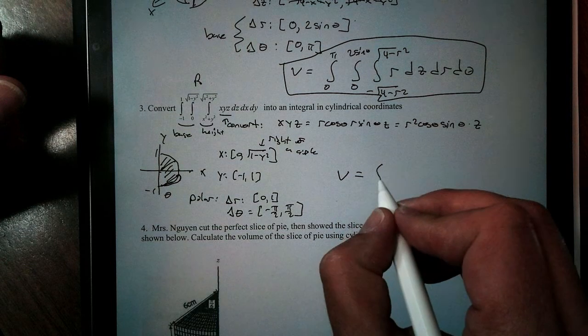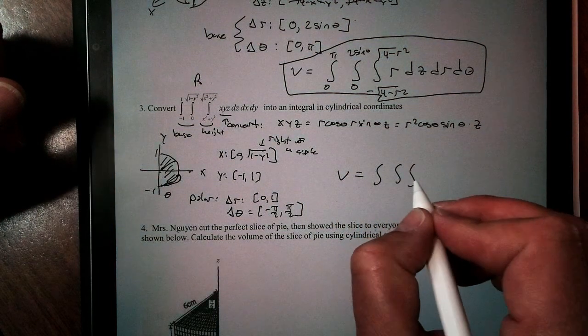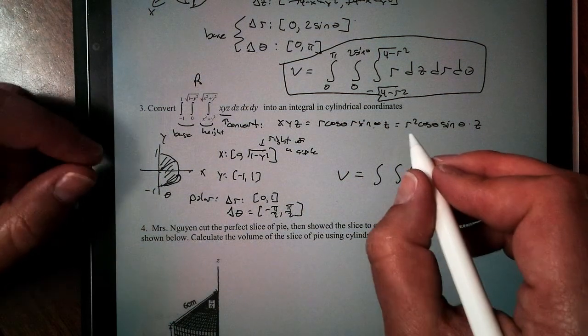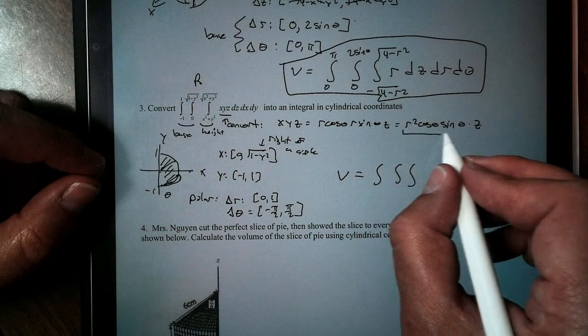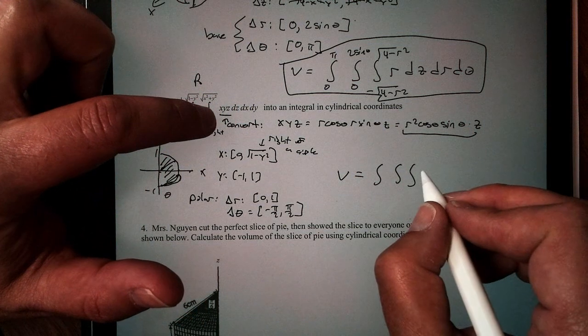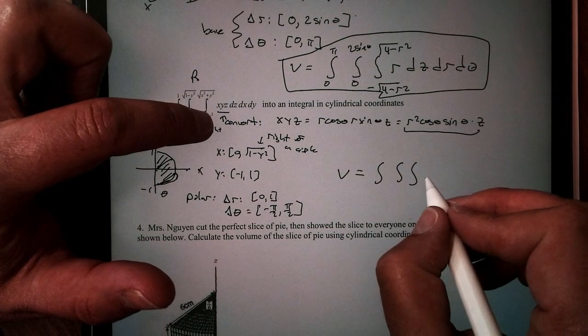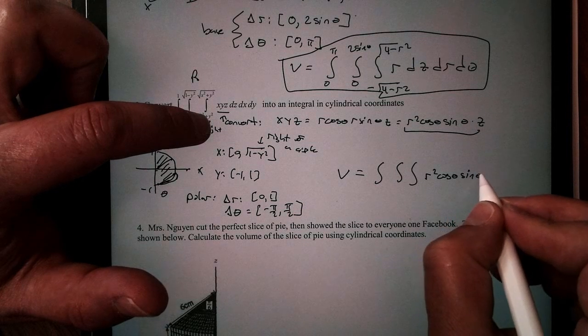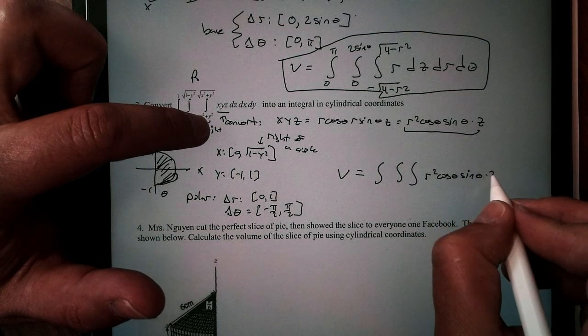We're going to use a triple integral. Now I know what you're thinking. You haven't changed the z's yet. That's okay, we'll talk about that. So I'm going to go ahead and rewrite this. Remember, all of this goes in here. This is my x, y, z. So this is going to be r squared cosine theta sine theta times z.